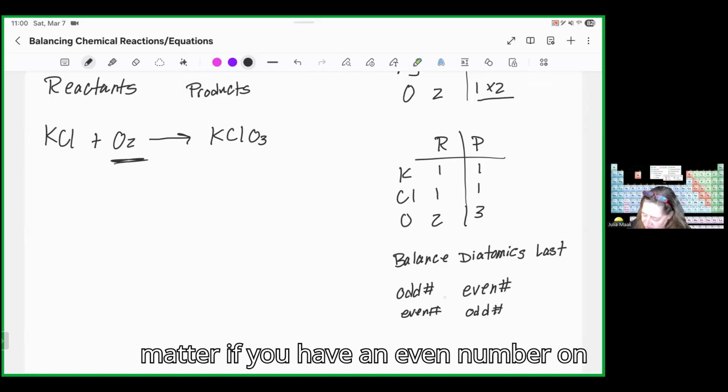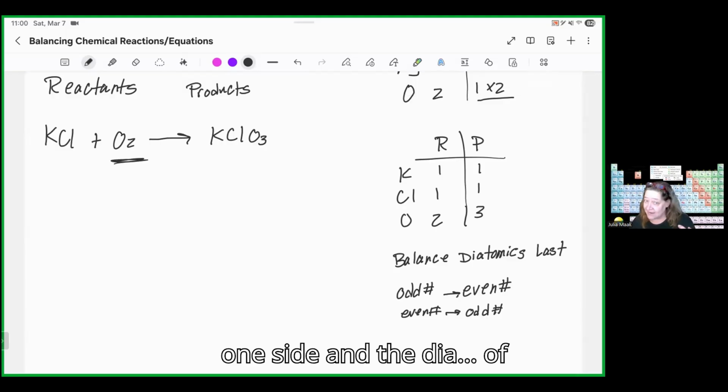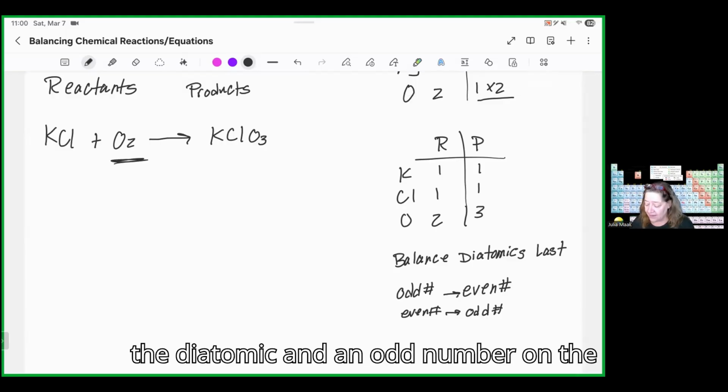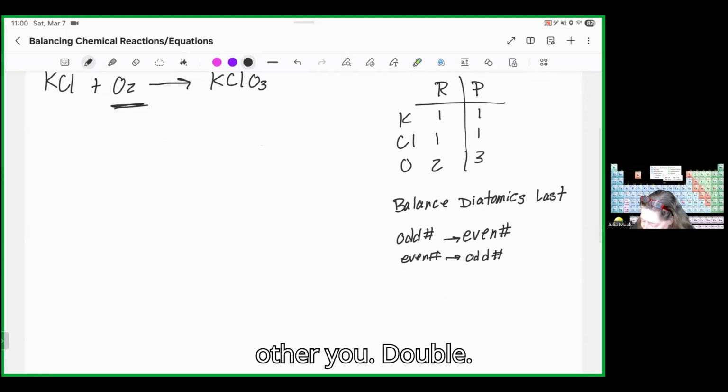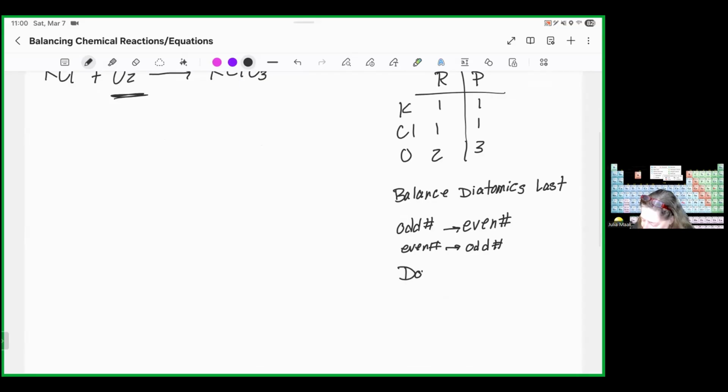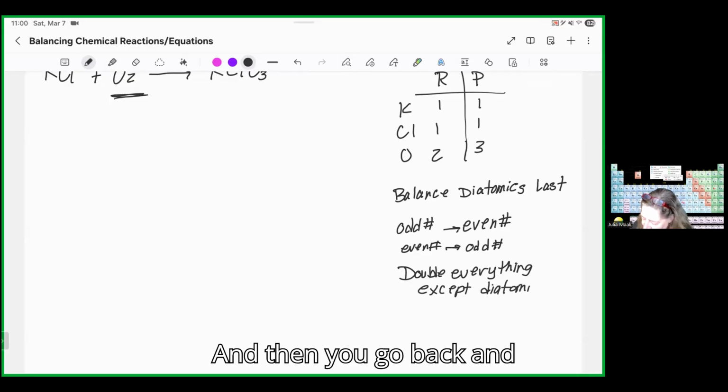If you have an even number of the diatomic on one side and an odd number on the other, you double everything except the diatomic, and then you go back and fix the diatomic.